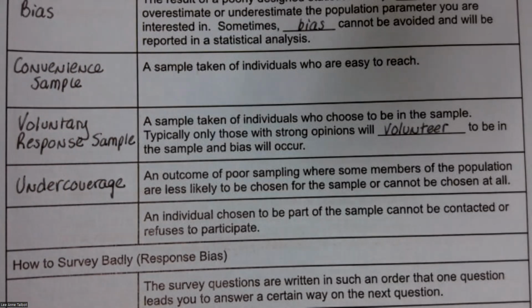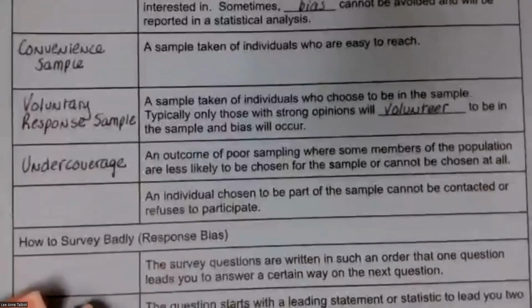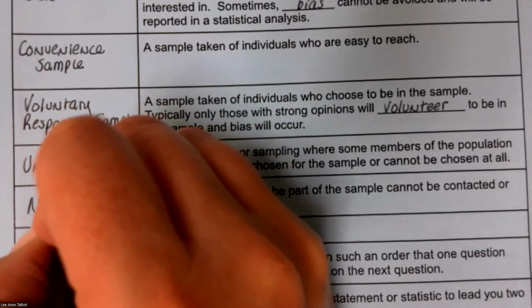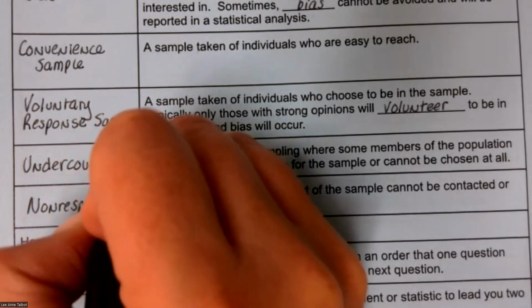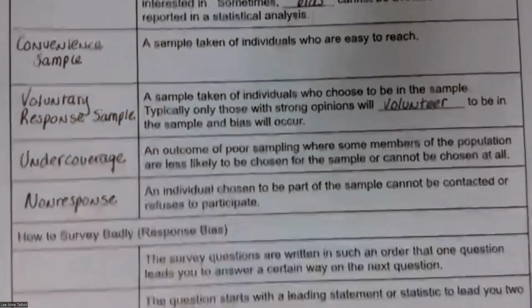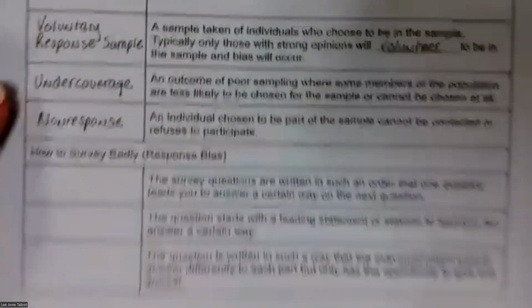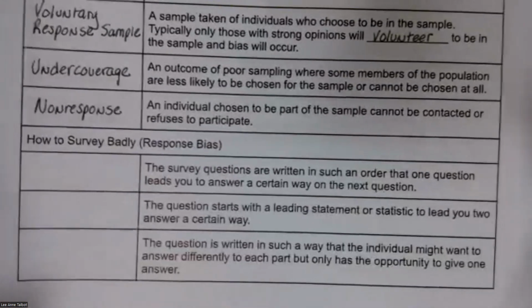How many houses have house phones nowadays? An individual chosen to be part of a sample cannot be contacted or refuses to participate. That's called non-response. I'm telling you that one because I didn't think that you would guess it. He said non-response? Yeah.